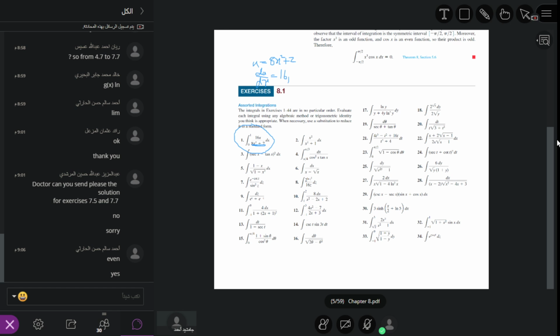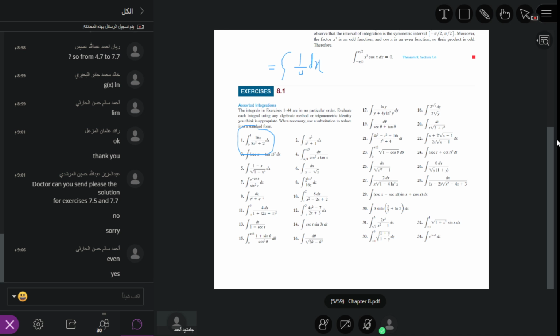Now, what is du? du is equal to 16x dx. Thus, the given integral will be equal to the integral of 1 over u du, because u is equal to 8x square plus 2 and du is equal to 16x dx.